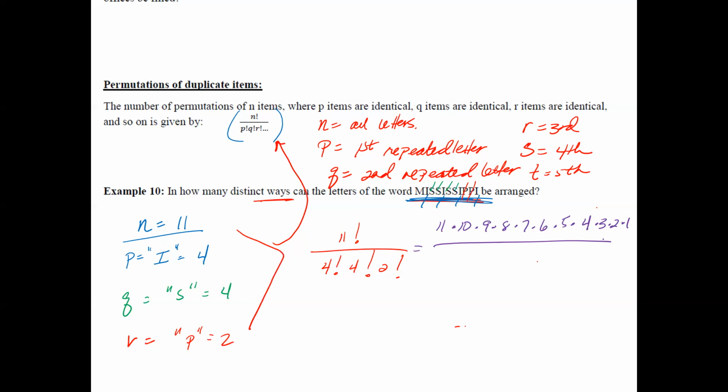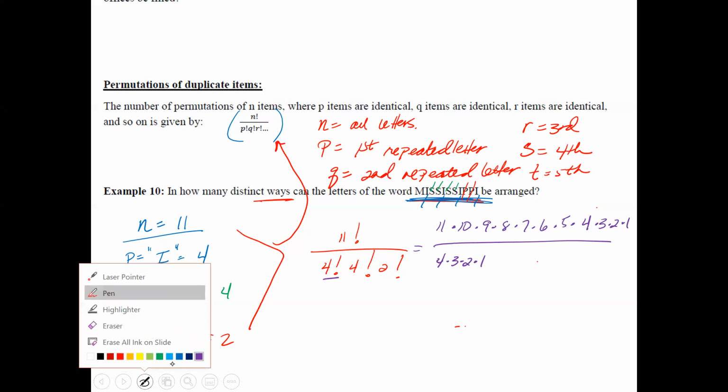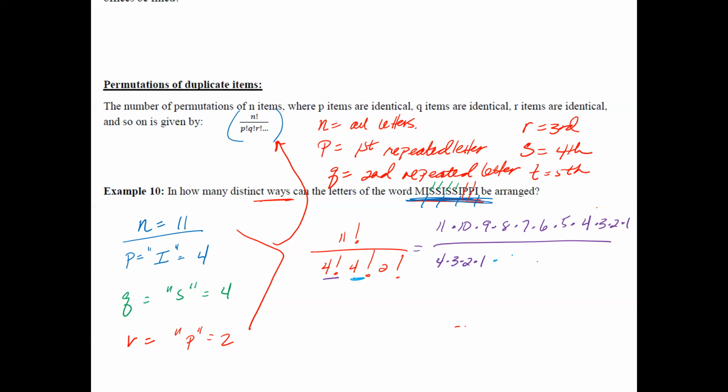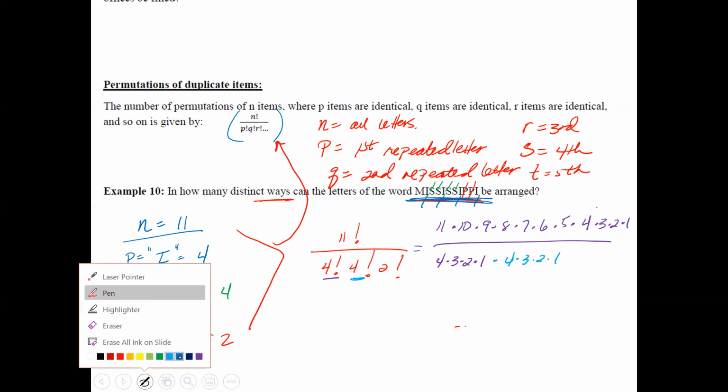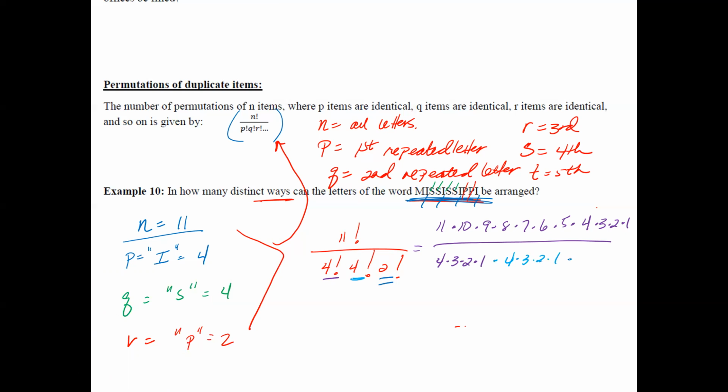You're basically going from the biggest number, which is 11, in order all the way down to 1, so in descending order. Then here you have 4 factorial. That's going to be 4 times 3 times 2 times 1. And here you have 4 times 3 times 2 times 1. And the last one, 2 times 1.